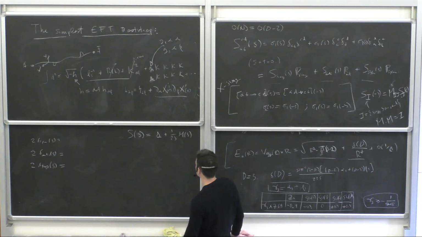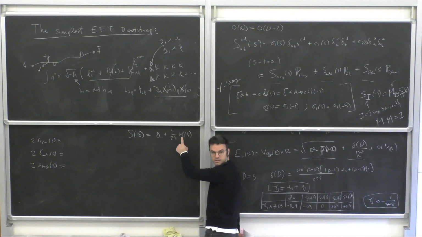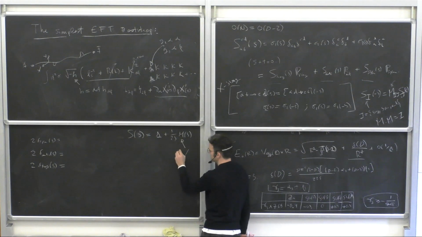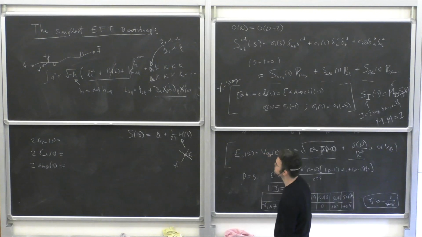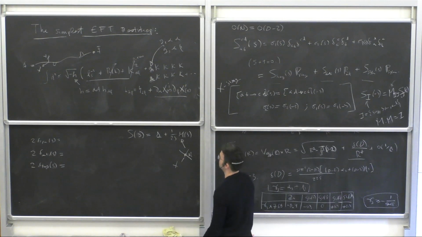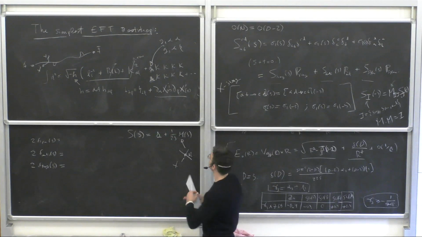So you compute M with Feynman diagrams. For instance, at leading order, you simply insert this power of L_s, which comes from this square.